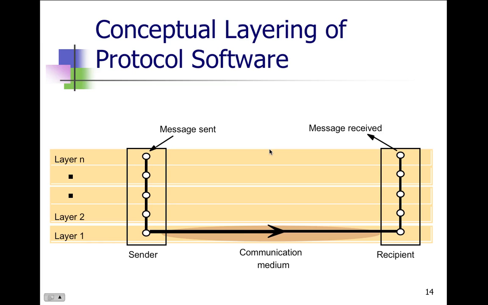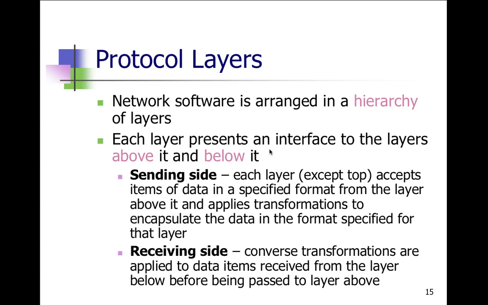In terms of the layering, it's a hierarchical structure where each layer represents an interface to the layers above and below it. The sending side accepts the top item. Each layer except the top layer accepts an item of data from the layer below or above it. Actually, it's usually below goes to above, below goes to above, below goes to above.